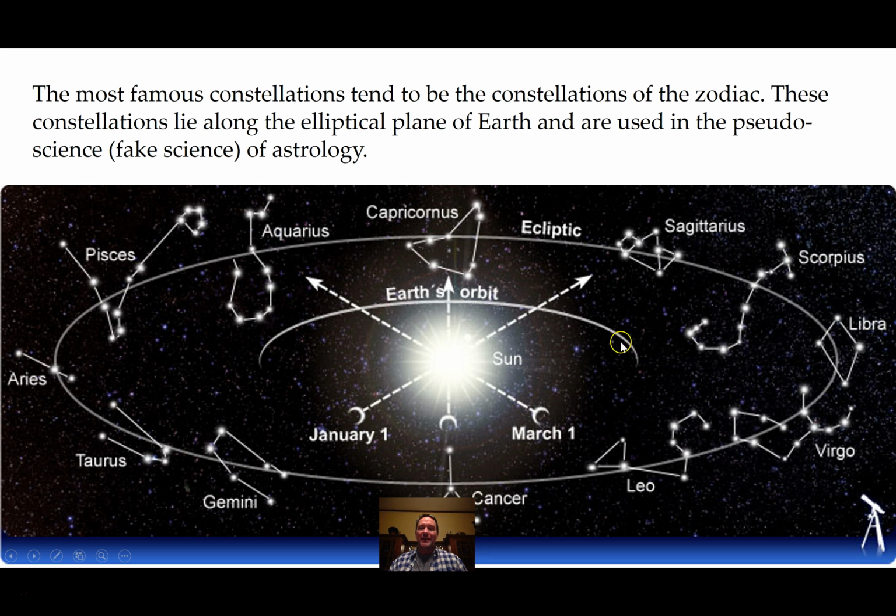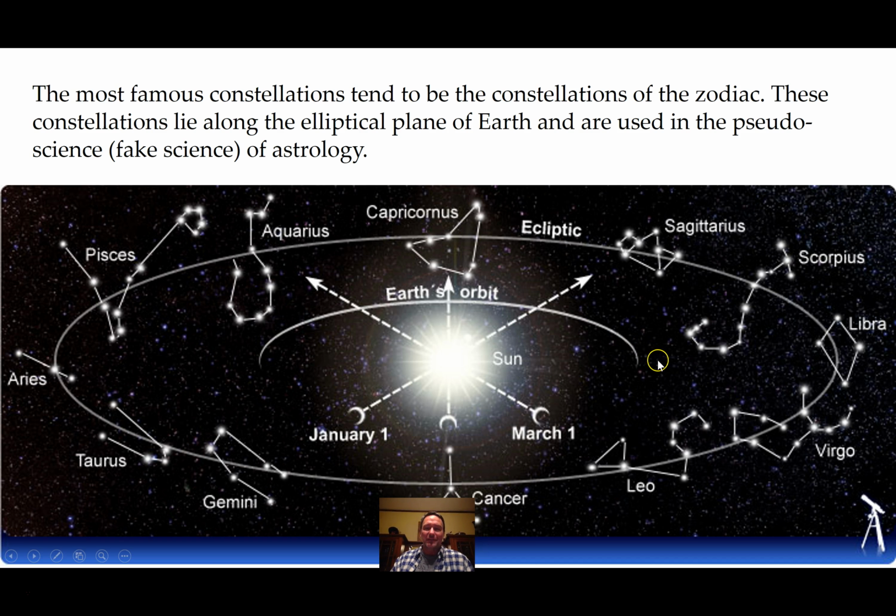So as you can see right here, where I'm highlighting with the mouse, that is actually the location of April. This is our April orbit right here. So as you look, the sun is actually in the constellation Aries. So in all actuality, I'm an Aries, but I never saw the constellation Aries, and we'll never see the constellation Aries unless we have a major change in our orbit, because of course it's in the daytime sky.